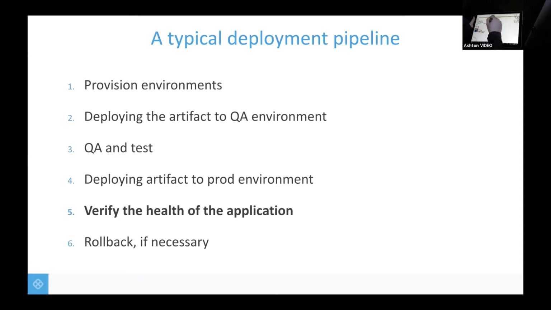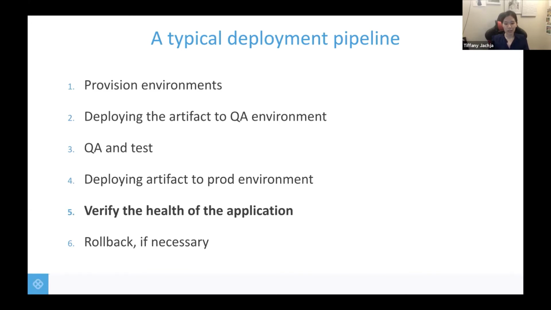And after you deploy that artifact and it's living on a production environment, you typically verify the health of that application through your observability tools, through your metrics, through your traces, right? And then roll back if there's any issues. And so that's typically a deployment pipeline.